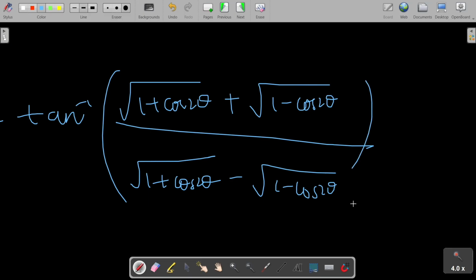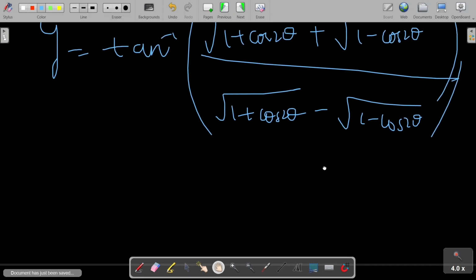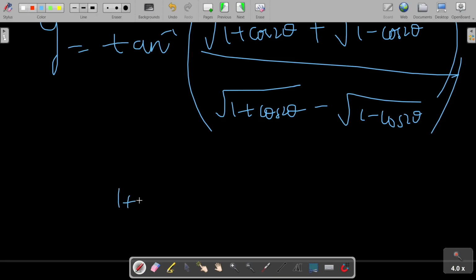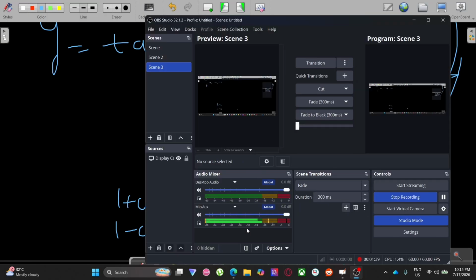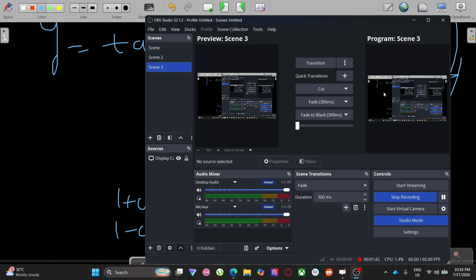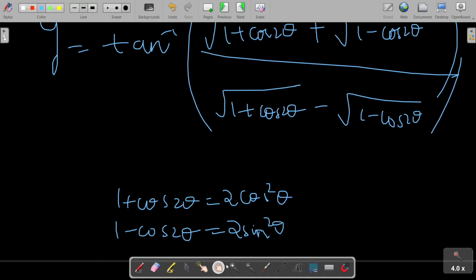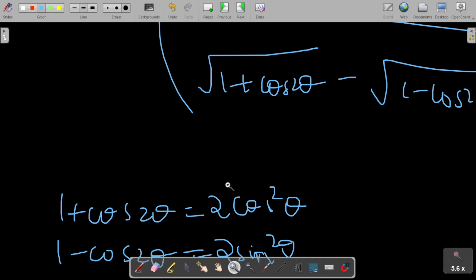If you know the trigonometric multiple angle formulas, you know that 1 plus cosine 2 theta is 2 cos square theta, and 1 minus cosine 2 theta is 2 sine square theta. So this becomes like this.